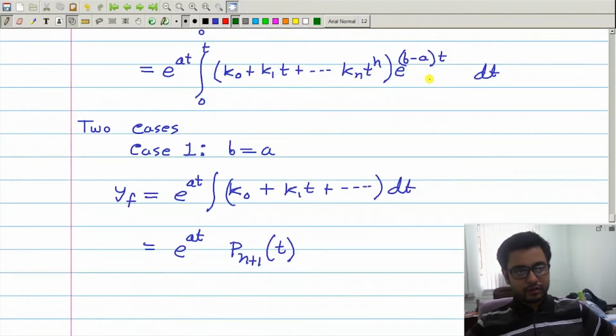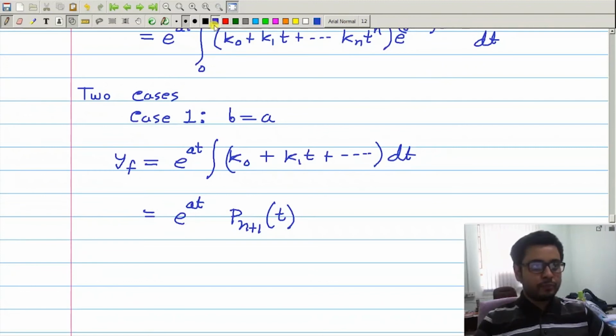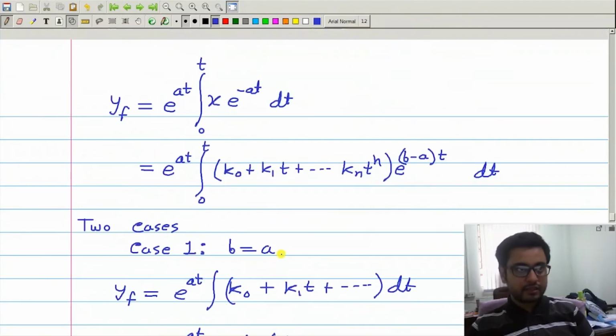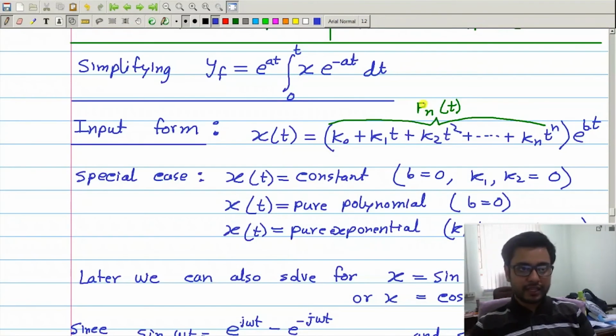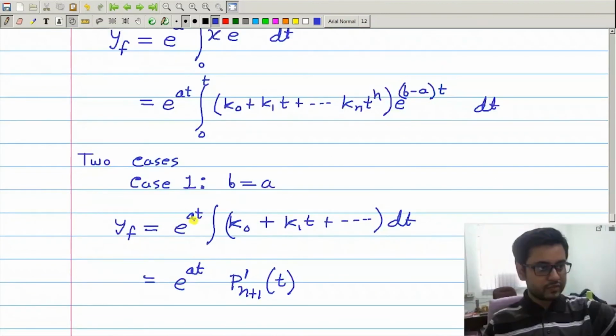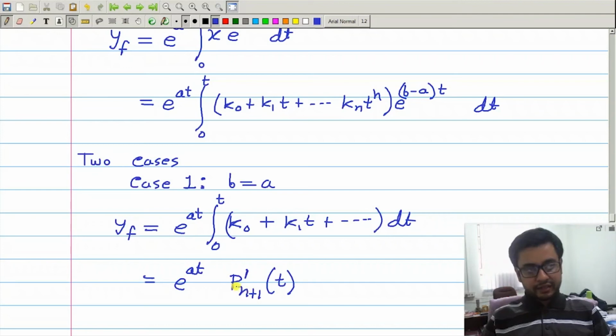Now let me put a prime here because this P and this polynomial are not the same. The exact form of this polynomial, or the coefficients inside it, can be found; that will depend on k0, k1, etc. But I am not going to do that.